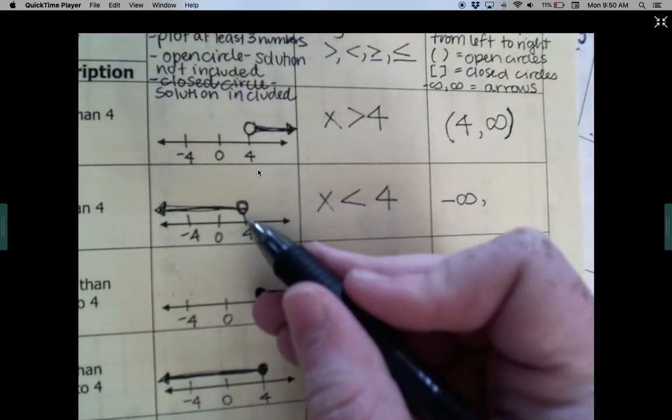And where does it end? 4. But does it include 4? No. So this would mean it stops at 4, but it doesn't include 4. And we're still going to use our soft parentheses because it goes toward infinity, but there's no real way I can visualize where it ends.